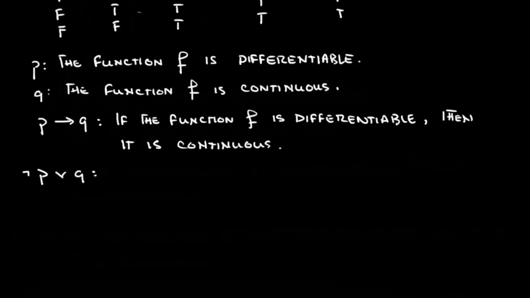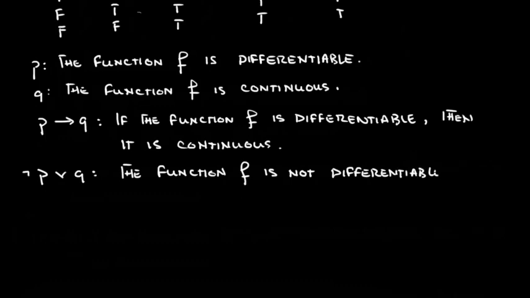So the negation of P is the function f is not differentiable. The function f is not differentiable, or, so we have the or here, it is continuous.